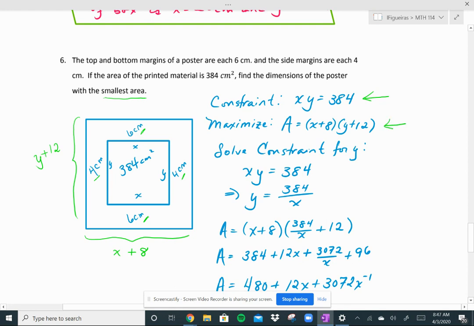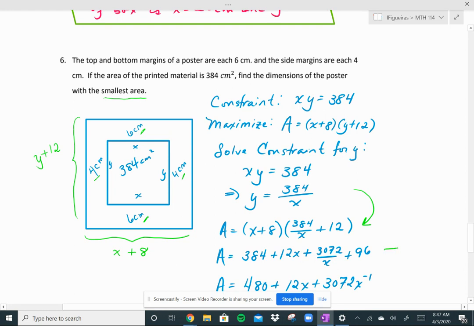So area is length times width. So it is x plus 8 times y plus 12. Okay, but we need to solve our constraint for one of the variables. I'm going to solve for y. So you get that y is equal to 384 over x, and we plug that into our area formula. So area is x plus 8 times 384 over x plus 12.